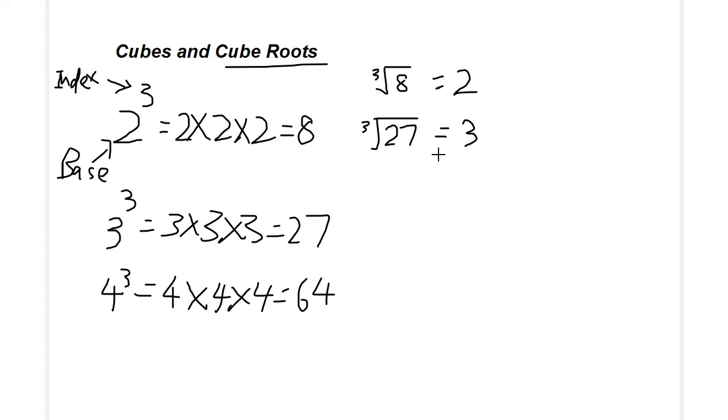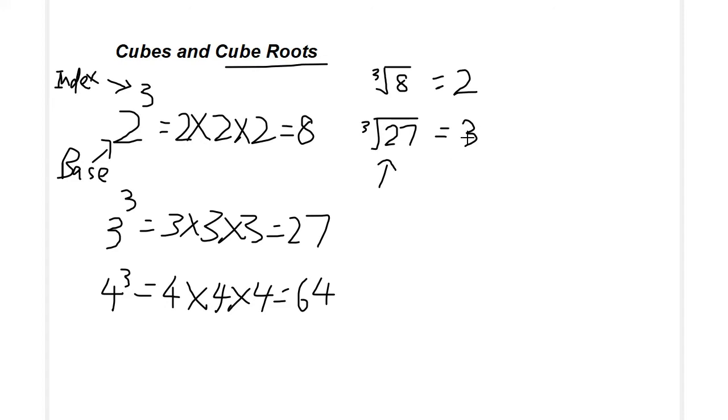Okay, so for these numbers, they are quite small, and it's easy to see that you can try and error. So 3 cube, you get 27. By the way, all these numbers like 27 are considered perfect cubes, because when you cube root them, it gives you a whole number.